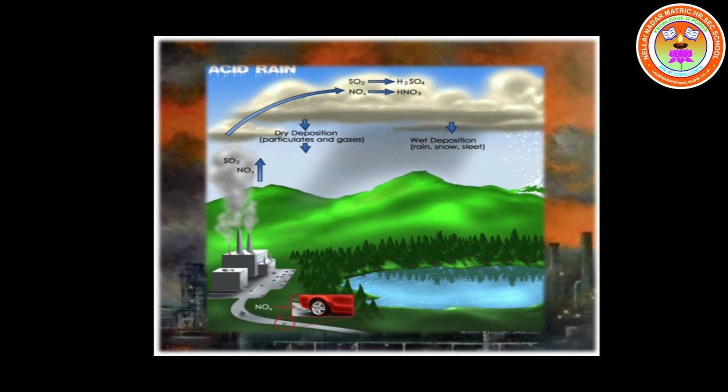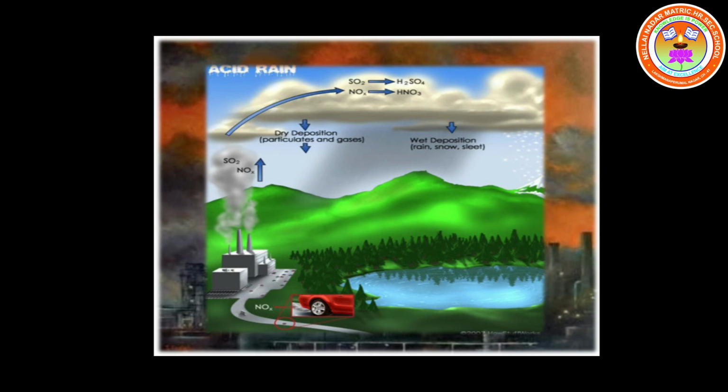Let us see about acid rain. What is acid rain? How does it occur? Certain toxic gases produced by industries mix with raindrops high in the atmosphere and make the rain unusually acidic.